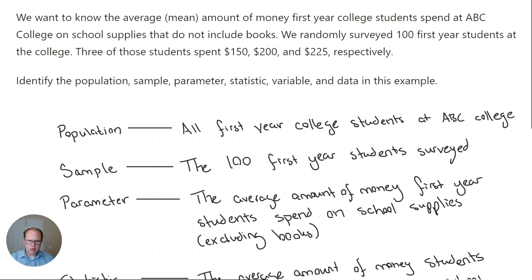Two more to find. We need to find the variable and the data. So let's find the variable. Remember, the variable is the description of what we are measuring among the members of our population that will help us find that parameter and that statistic. So what are we actually measuring? We are measuring the amount of money they spend excluding books. We want to know for each student how much money they spend excluding books.